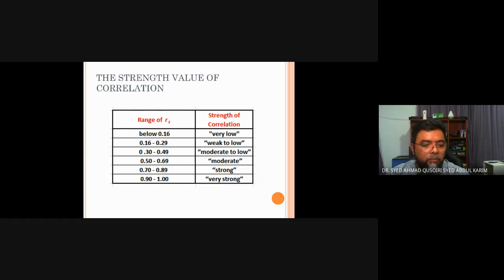So if it's 0.9 to 1, there is a very strong relationship between X and Y. Anything less than that falls under the following categories: strong, moderate to low, weak to low, and very low. Even though 0.16 is still positive, how Y affects X is very minor compared to 0.9 or 1.